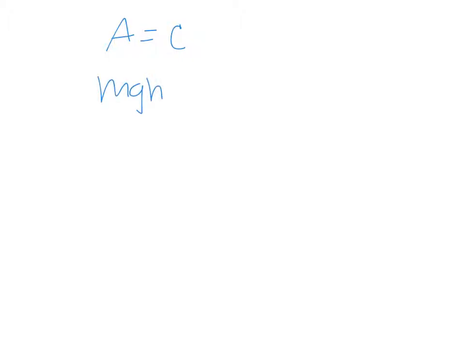We're going to say that mg height at A equals 1/2 k delta x at C squared plus mg height at C. We're looking for k, so let's isolate to solve for that. First thing I'm going to do is get rid of the fraction.